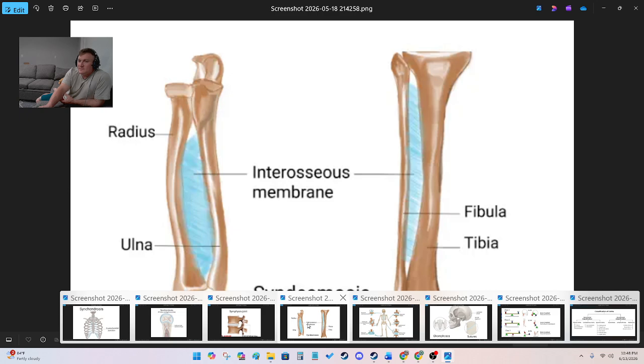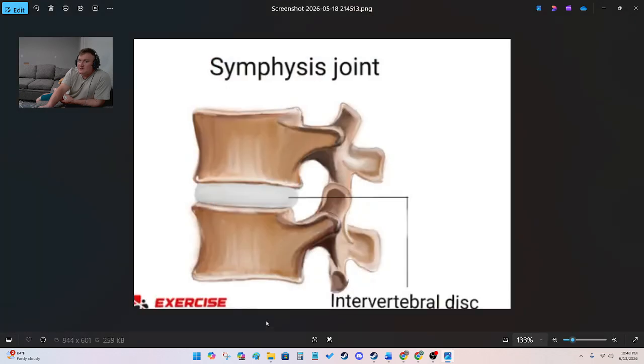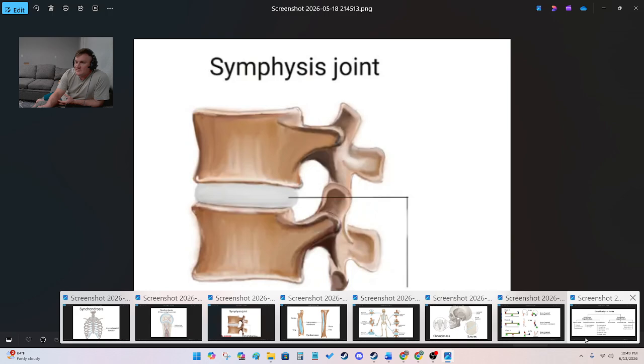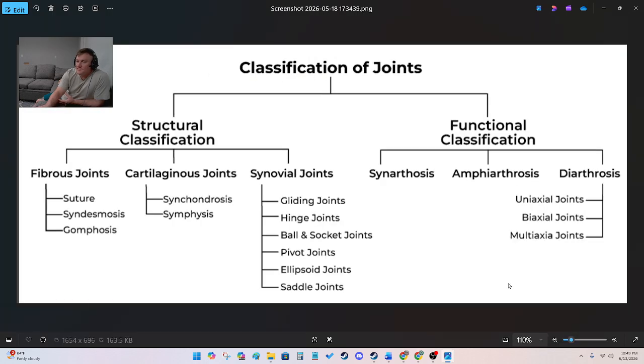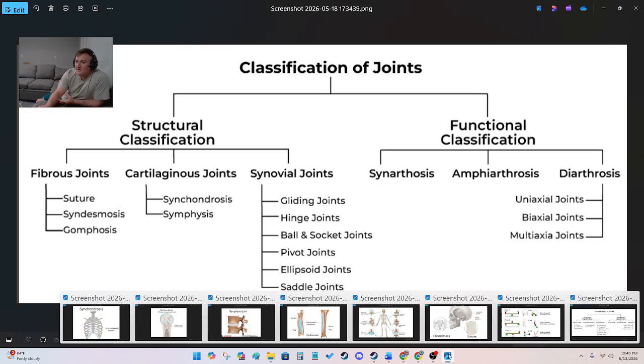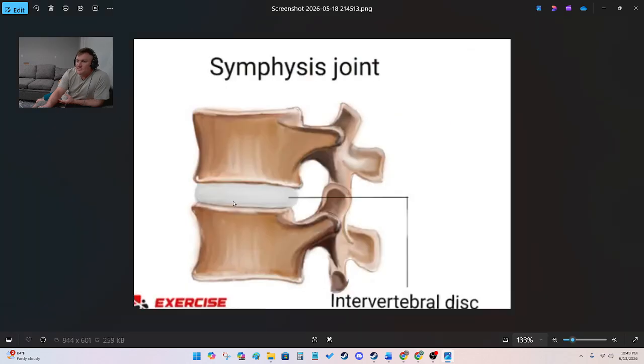Okay, let's go to amphiarthrosis, and this is a symphysis joint of intervertebral disc, which is an amphiarthrosis. Now, if you remember, amphiarthrosis is that semi-mobile, and you think about the spine is semi-mobile because they kind of go together like a stack.